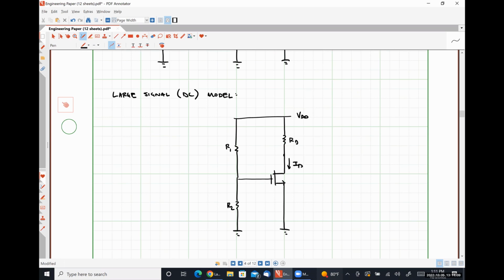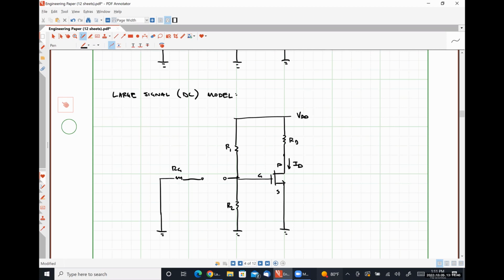Here is our large signal drain current. And then over here, this open circuit represents our capacitor. Here's RG. And then our input signal would be shorted. So this is our gate terminal, this is our drain terminal, and this is our source terminal.